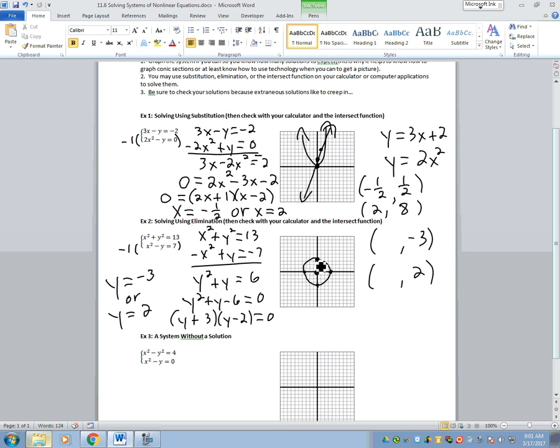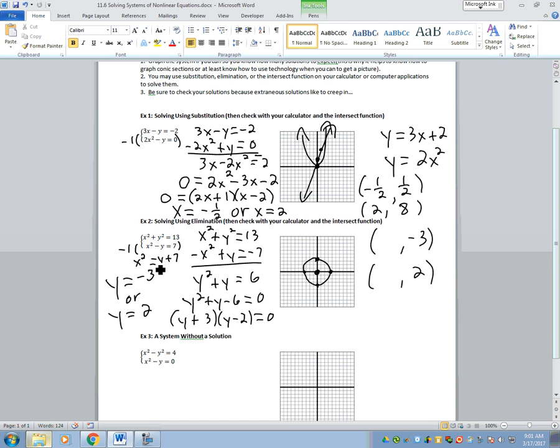And then the other one, do you know what the other one is? If I rearrange this, it would be y plus 7 equals x squared. X squared equals y plus 7. So that would be a parabola, up or down, or right or left. It's an x squared, so it's up or down.